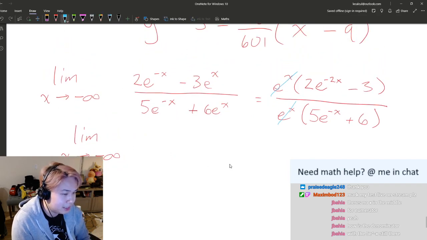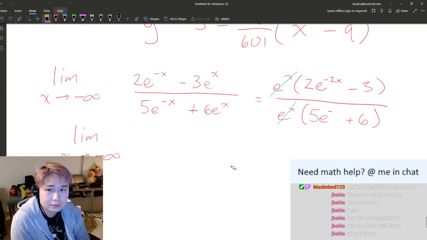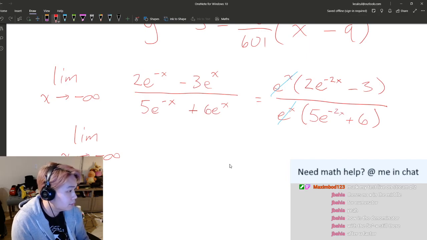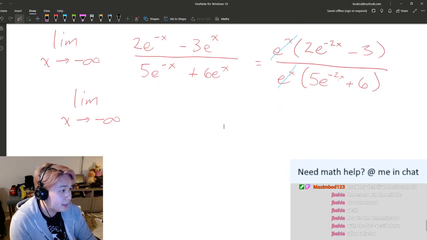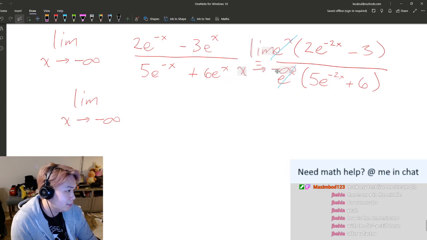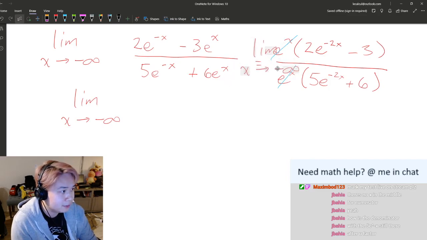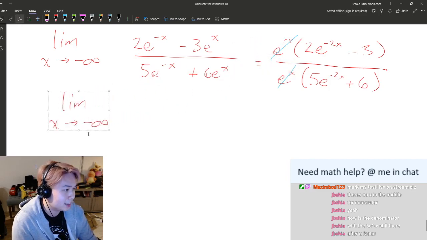Oh, this should be minus 2. Minus 2. Should be minus 2. But anyways, you should write a limit in front of every expression you have, until you actually evaluate it, but I'm just being lazy.